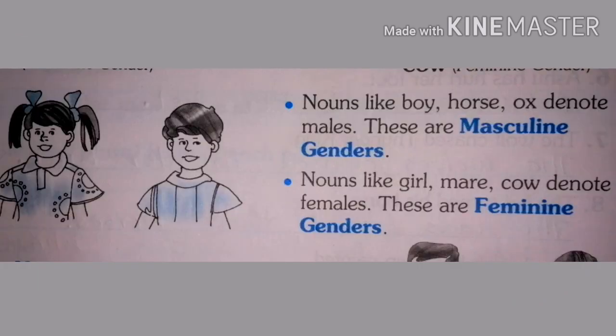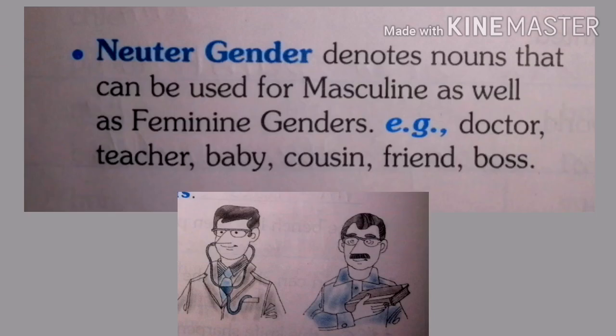For example, nouns like boy, horse, ox denote males. These are masculine genders. And nouns like girl, mare, cow denote females. These are feminine genders. There is another gender, that is neuter gender. It denotes nouns that can be used for masculine as well as feminine genders.